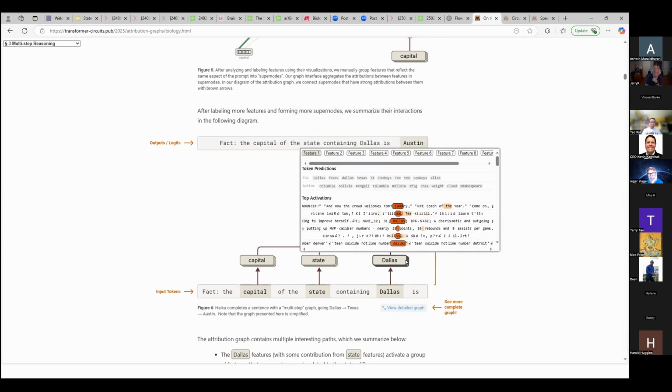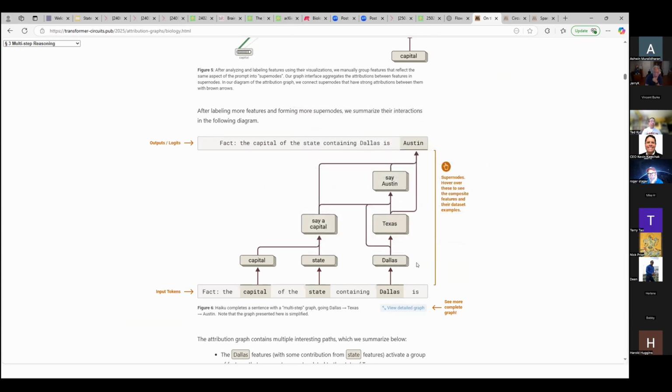What if this Dallas feature was only 20% of the time on the word Dallas, but 20% was still more than any other word, right? 10% Buffalo, 5% Sacramento, 5% this, that, 2, 1, right? So you're like, yeah, Dallas is the most common one.